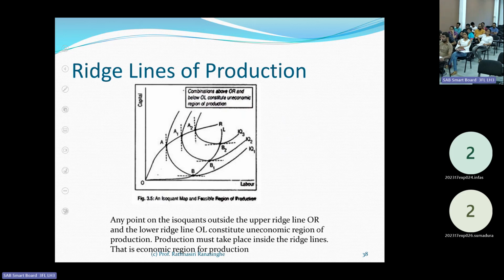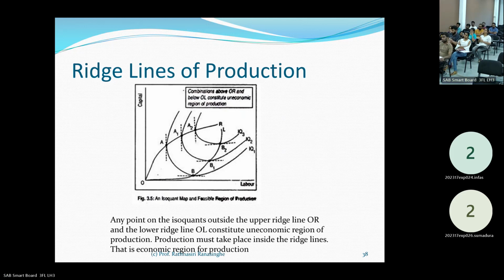A rational producer will not produce at the point or the area where it derives negative marginal productivity. So that's why, when we draw the isoquant curves, we are not taking the backward area. Only the feasible area we take.